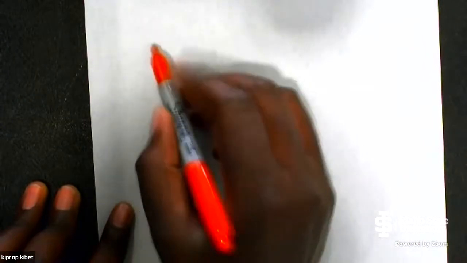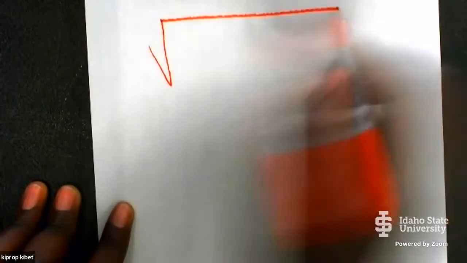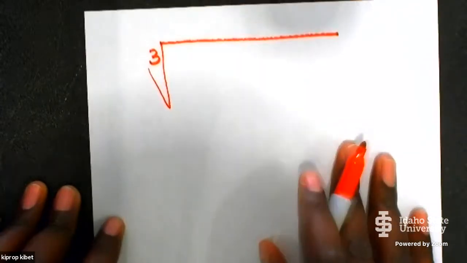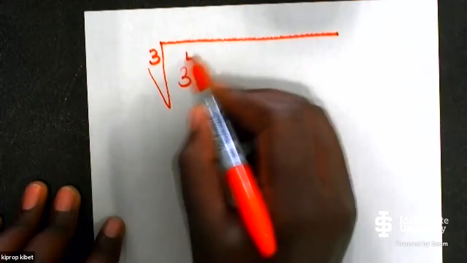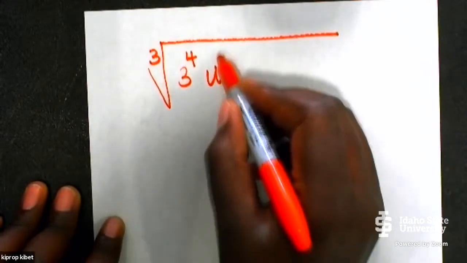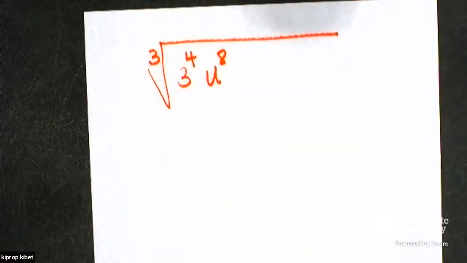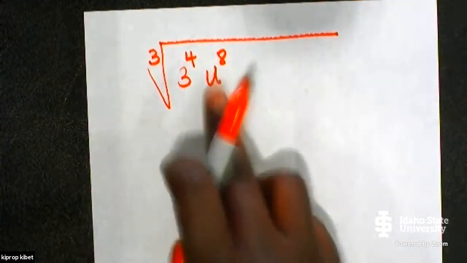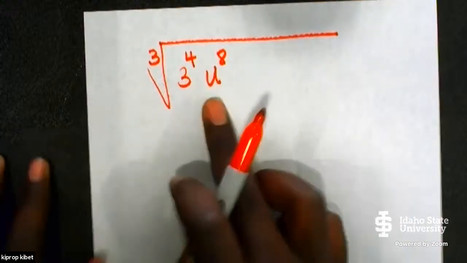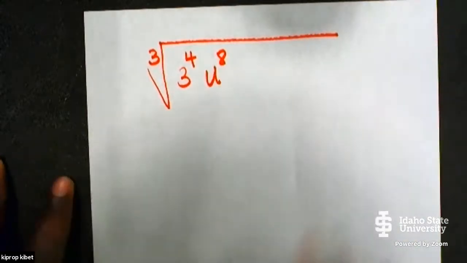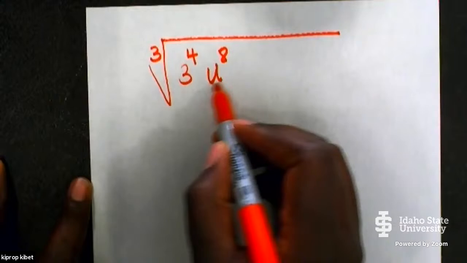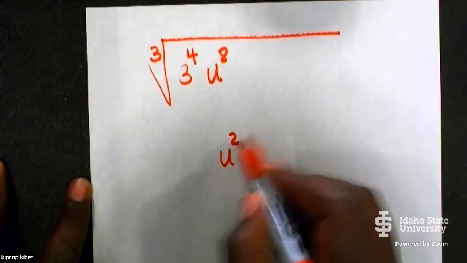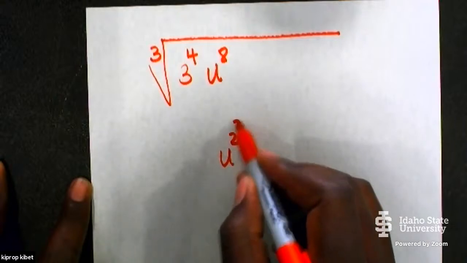So let's do it slowly. Yeah? So this is cube here, and then we have the 3 raised to 4, and then u raised to 8, right? So here we are trying to look for, because what you mean is you're saying because u raised to 2 raised to 3, right?